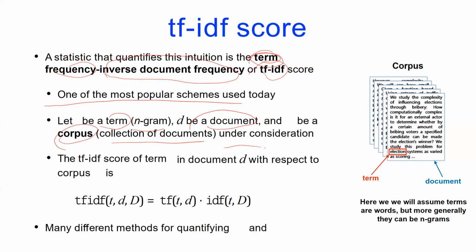Then, let's say we take 3-grams, or to be more precise, word-based 3-grams. Each time you take 3 words, then you move by 1 word and take another. Then you get a lot of those terms, right? So you have term, document, corpus. Is that concept clear? Yes, questions?